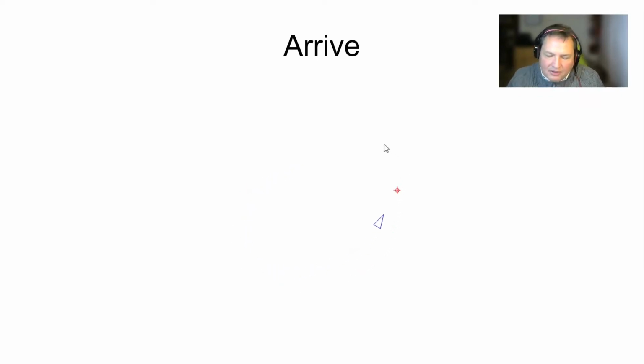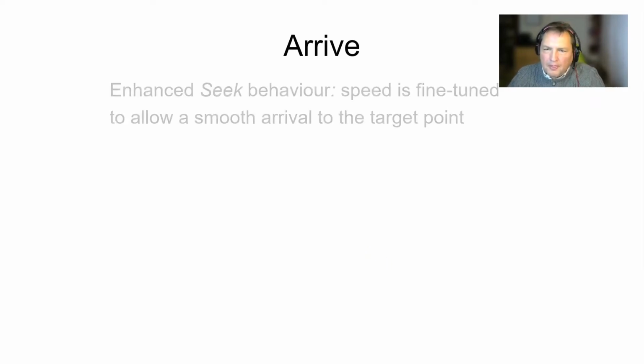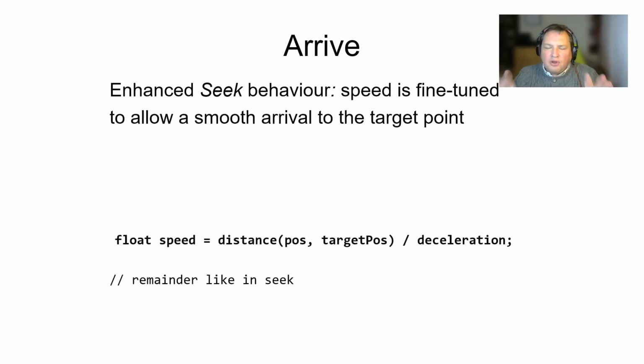Arrive is an enhanced version in which the speed is fine-tuned to allow a smooth arrival to the destination point. As you can see from this pseudocode, the speed is made proportional to the distance between the agent position and the target position. Therefore, when the agent gets closer to its target, its speed will get lower.